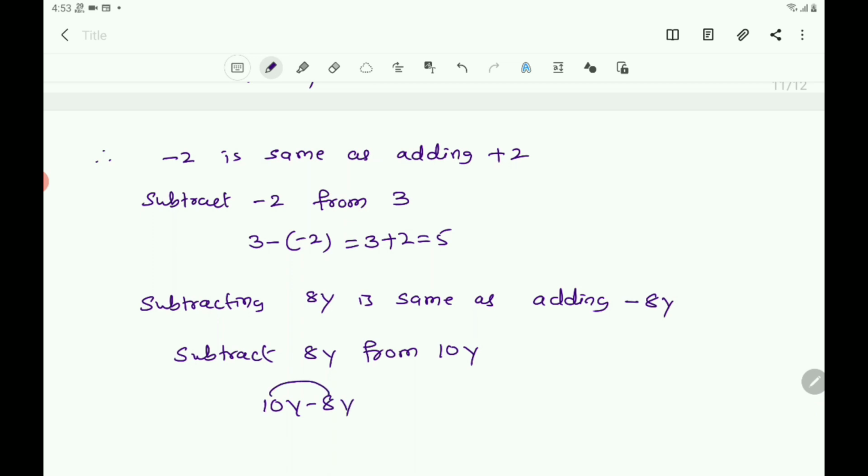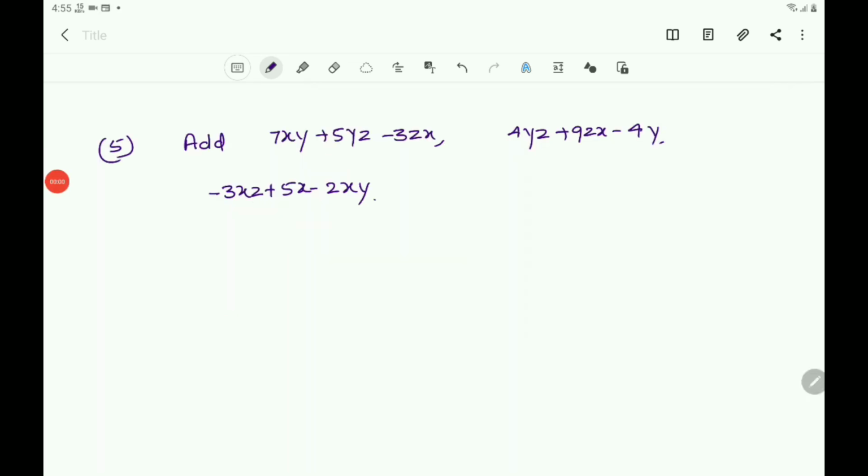Here the sum of 10 and minus 8, you know that is nothing but 10 minus 8, you will get 2y. In this way, what you can observe here, subtraction of a number is the same as addition of its additive inverse.